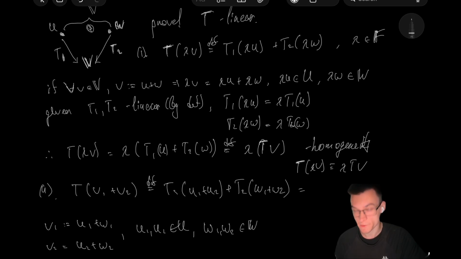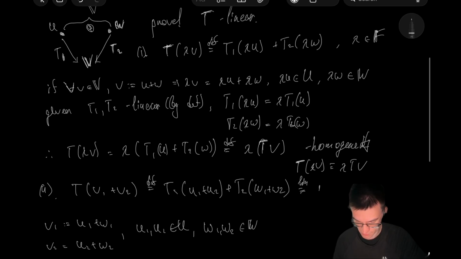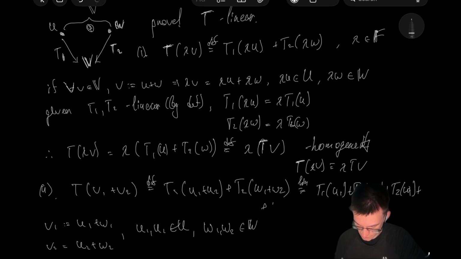And since they're linear, we can conclude that this is T1 u1 plus T1 u2 plus T2 w1 plus T2 w2.